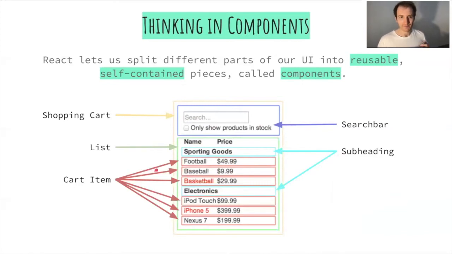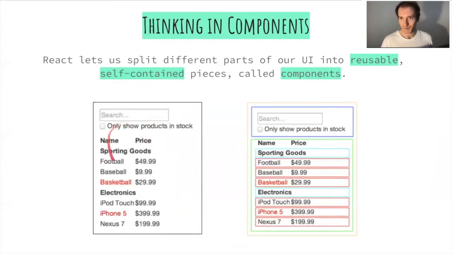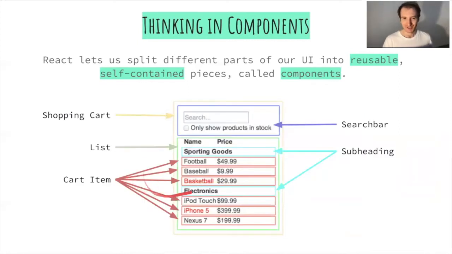And then we also have like this cart item component, which is the name of the thing that we wanted to add to our cart and then the price. So rather than having one big mess of HTML and JavaScript, we can start to sort of compartmentalize everything it is to be a shopping cart into smaller and smaller pieces, which makes it easier to structure and easier to organize.